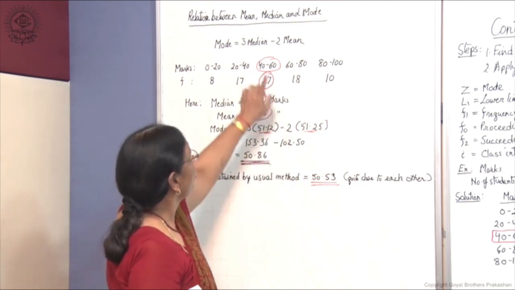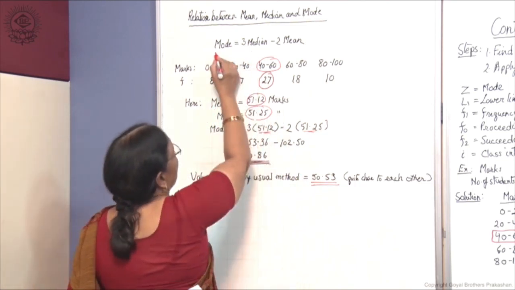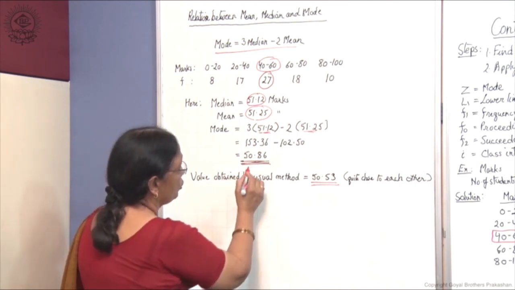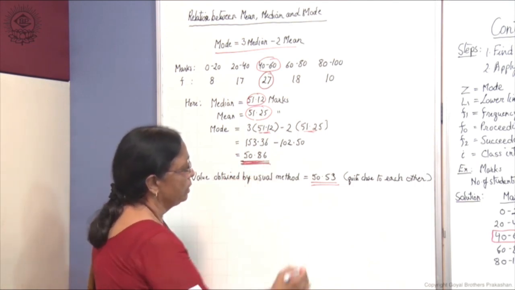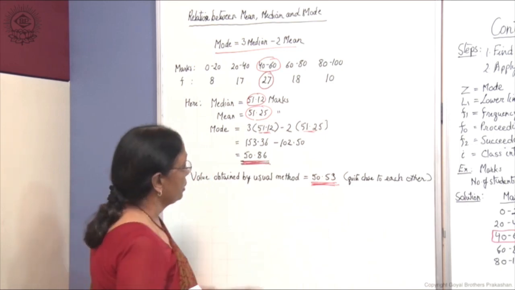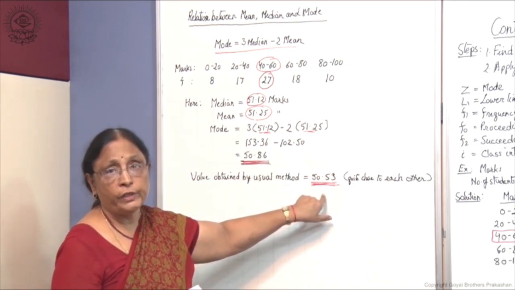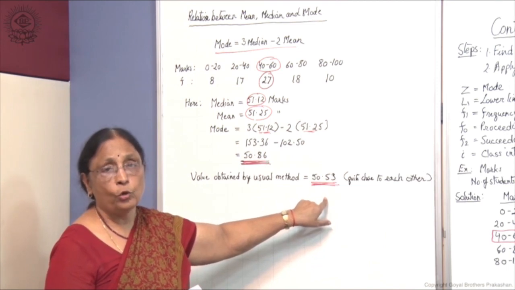And through this formula, mode is equal to 3 median minus 2 mean, we are getting 50.86. There is only little variation, 50.86 and 50.53, which is very close.